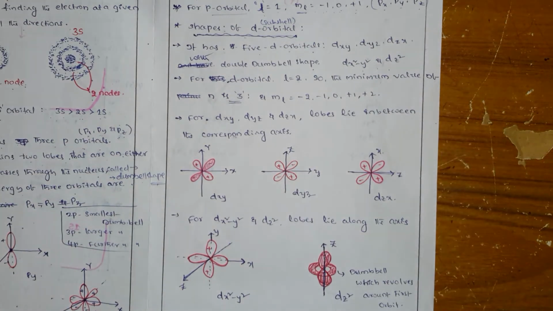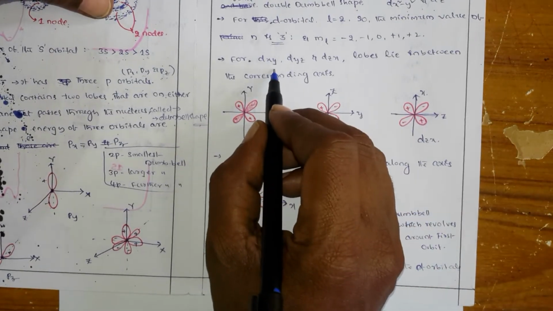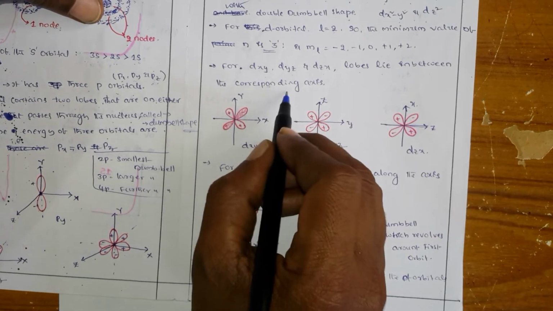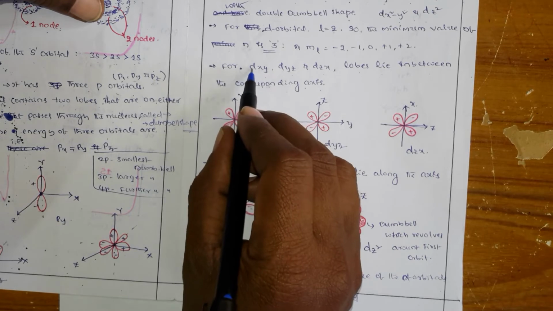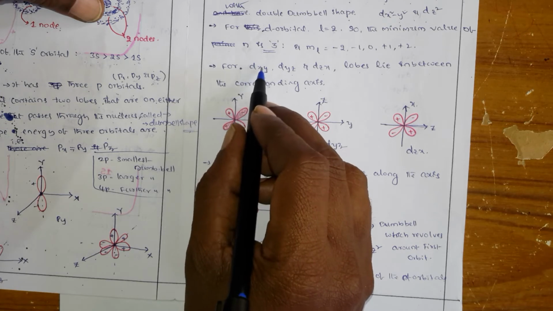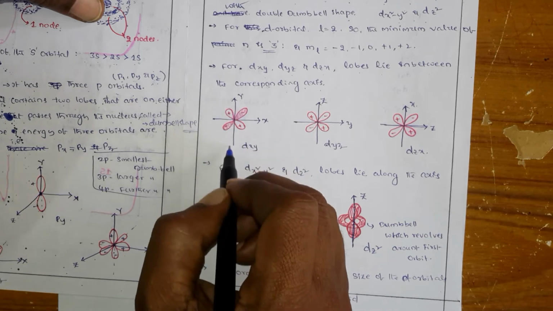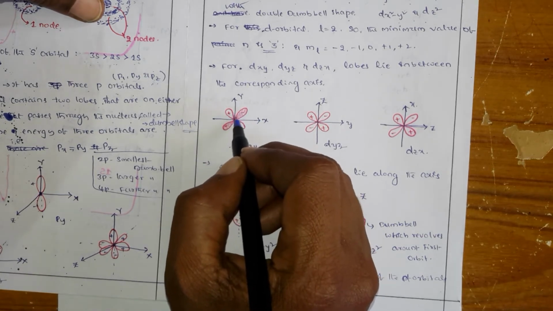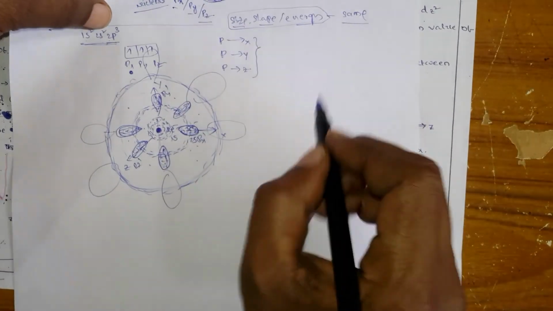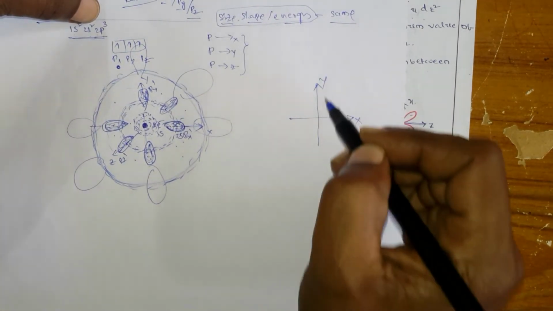So what is this dxy, dyz, dzx? For dxy, dyz, dzx, the lobes lie in between the corresponding axes. That means dxy means the two lobes, the two dumbbells, will lie between the x and y plane. Assume this is the x axis and this is the y axis, and the two lobes lie in between the two axes, like this.